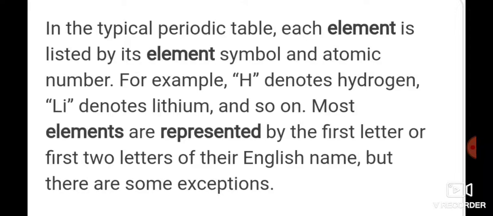So, usually it is denoted by the first alphabet or first two alphabets, that is the first two letters of their English name. But of course there are some exceptions for this also. For example, sodium is represented by Na, mercury is represented by Hg, gold Au, silver Ag, right?